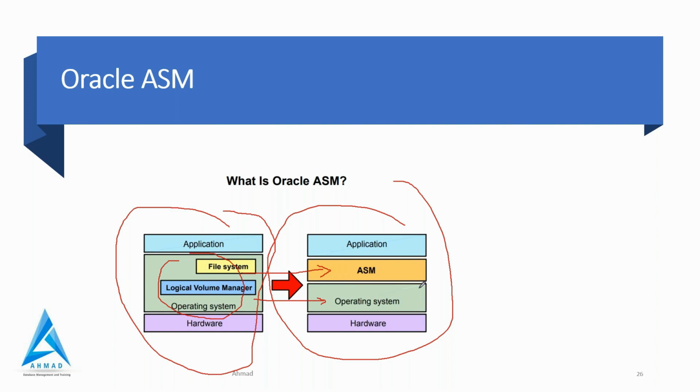Oracle ASM is Oracle's recommended storage management solution, and it provides an alternative to the conventional methods: volume manager, file system, and raw devices. So this is the difference between the conventional method and ASM. Clear?